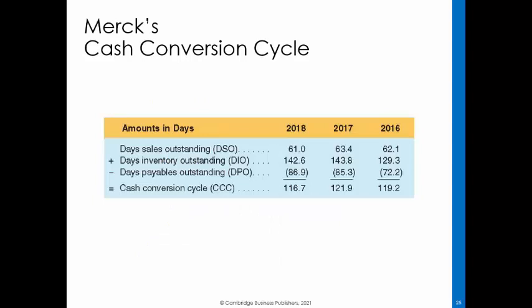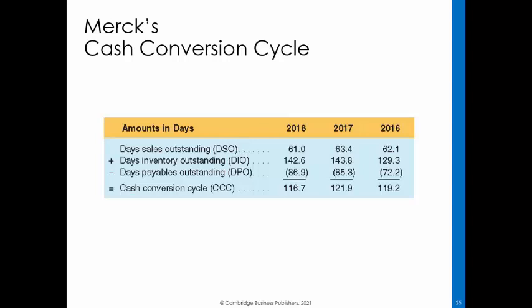This slide illustrates the cash conversion cycle for Merck & Company over time. We see an improvement over the 2016 to 2018 period. The improvement in Merck's cash conversion cycle from 2017 to 2018 reflects improvement in all three working capital accounts. It is collecting receivables more quickly, selling inventory faster, and delaying payment on payables.